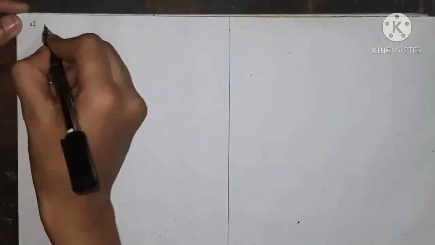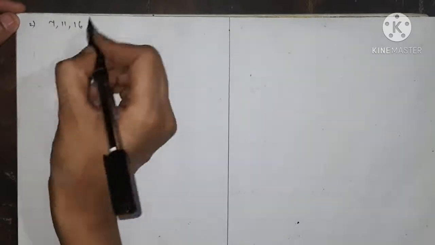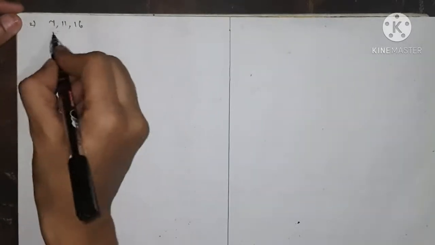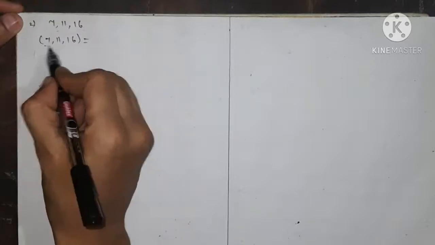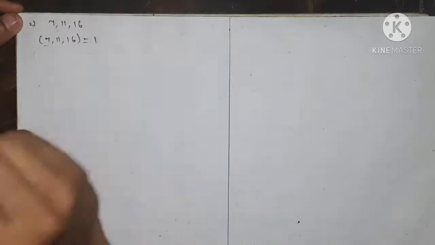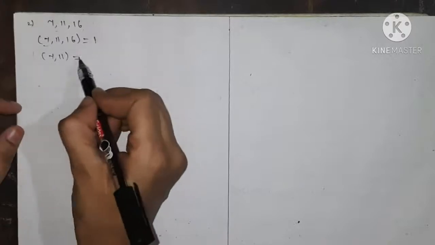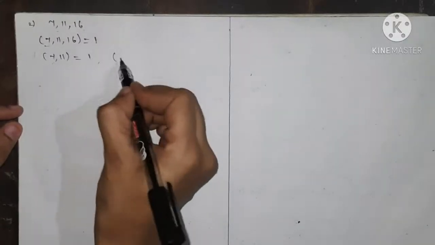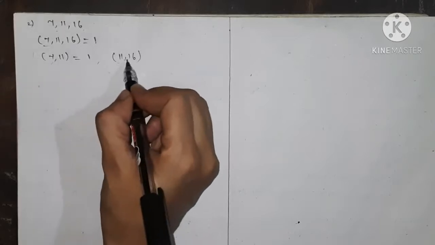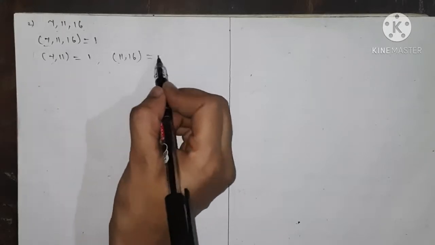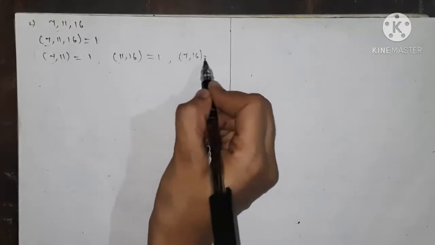Now see the second example. 7, 11, 16 are the given integers. The GCD of 7, 11, 16 comes out to be 1, and if we take the pair 7, 11, the GCD is 1. The GCD of 11 and 16 is 1, and the GCD of 7 and 16 is also 1.